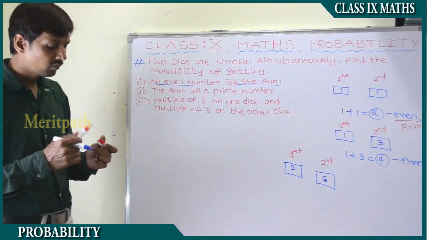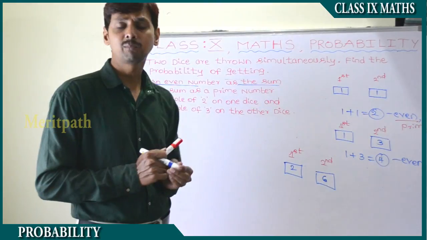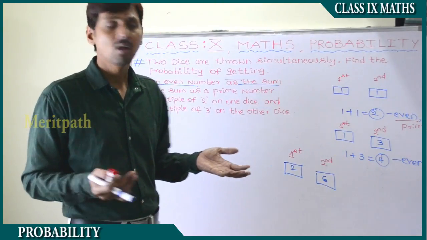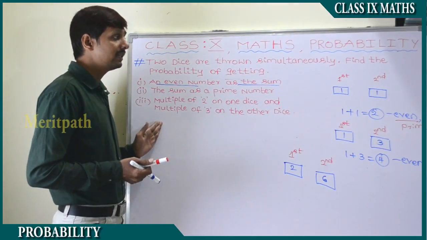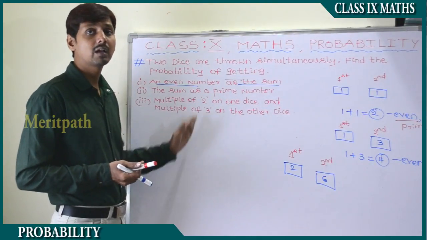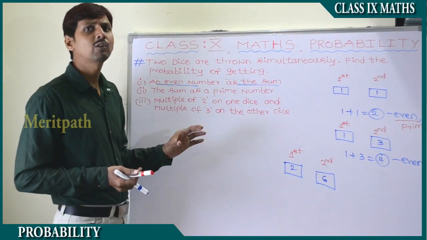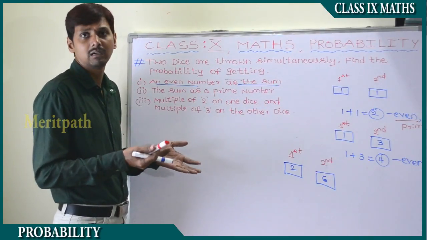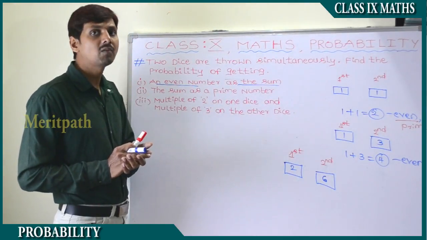To find all the possibilities in the random experiment, we get many situations. It can happen that on the first dice it's 1 and on the second dice it's 1, or on the first dice it's 1 and on the second dice it may be 2. Let us find all the events that can occur here, then choose the numbers and find the probability.